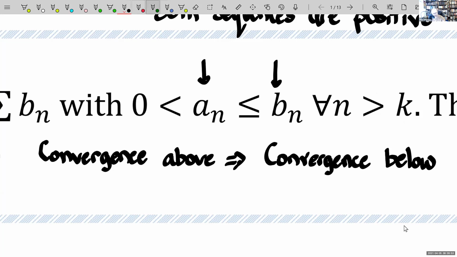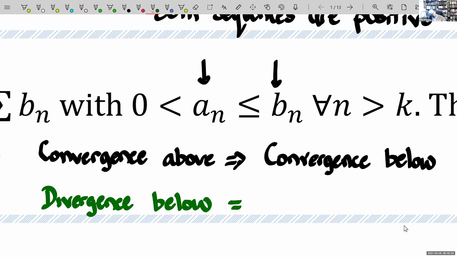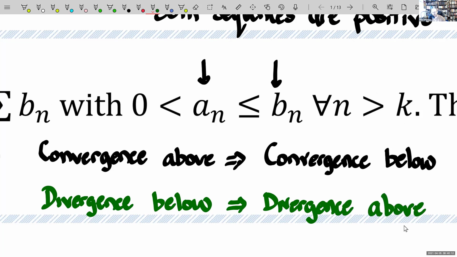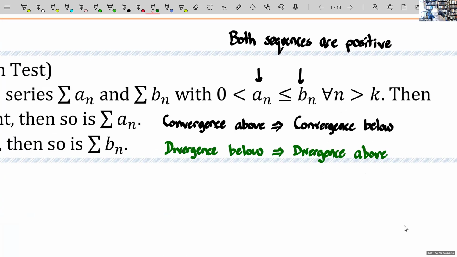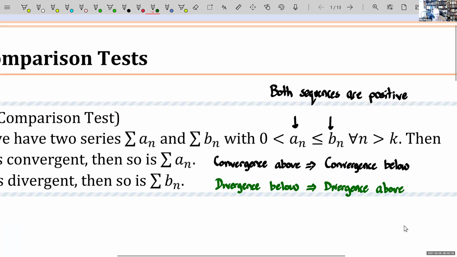And then divergence below implies divergence above. That's, I think, just the easier way of saying it. It's really kind of clean, easy to understand. So anyhow, those are really good ones.